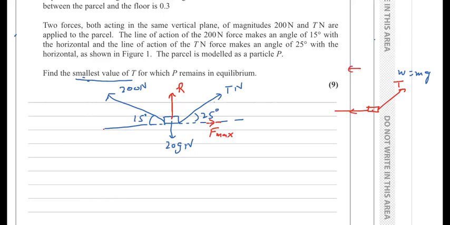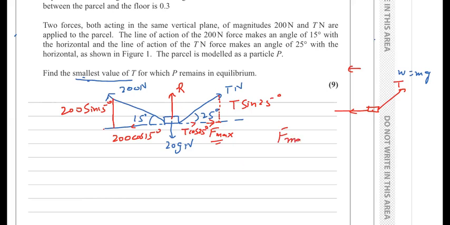So let's resolve these forces into components. Resolving into horizontal and vertical components, the vertical component of T will be T sin 25 degrees, and for the 200 Newton force the vertical component will be 200 sin 15 degrees. The horizontal component of the 200 Newton force will be 200 cos 15 degrees, and the horizontal component of T will be T cos 25 degrees. Now, first of all, let's find F maximum.